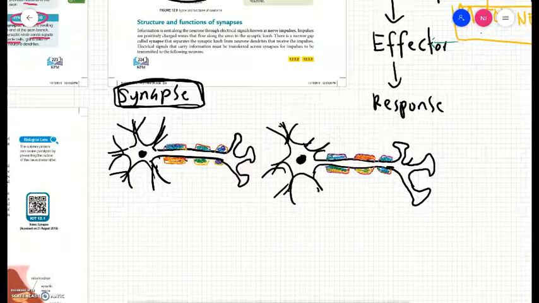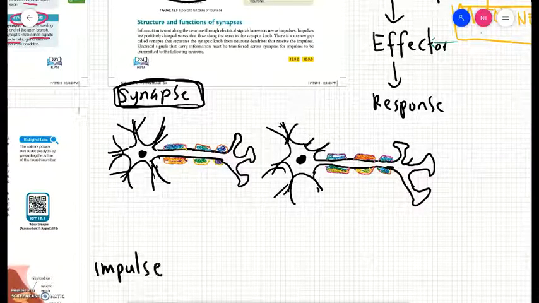As you know, this impulse is in the form of electrical signal. Impulse is actually in the form of electrical signal.